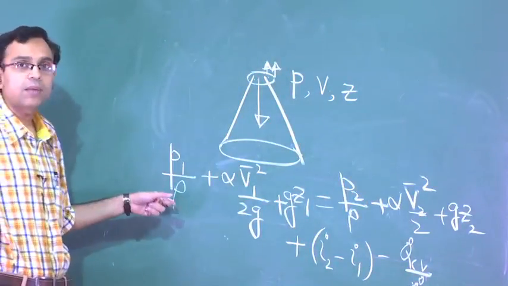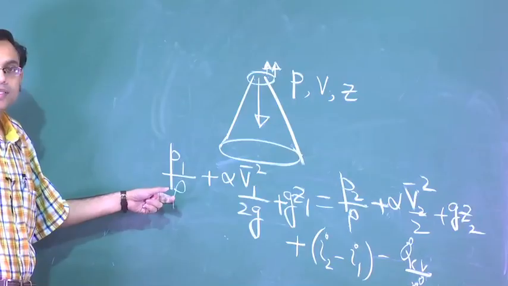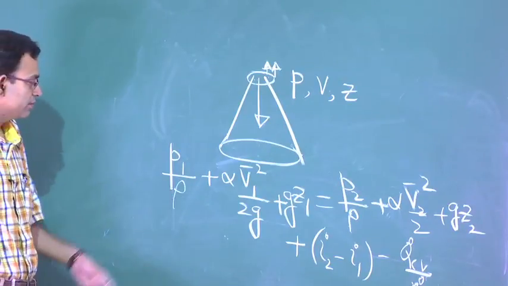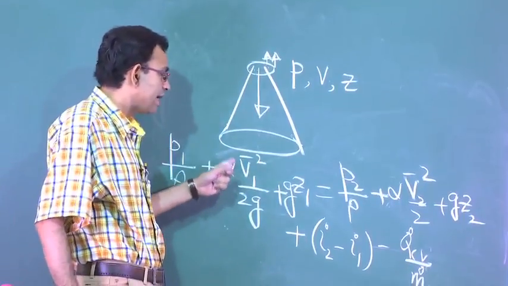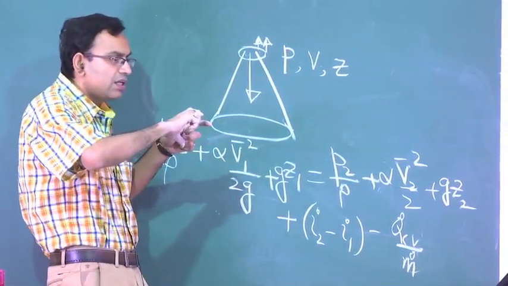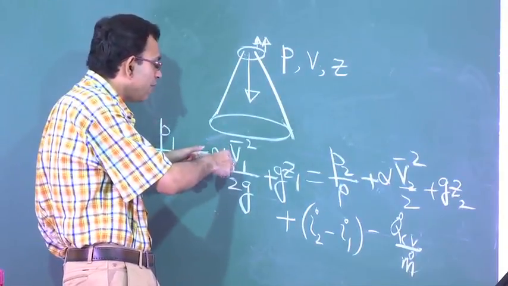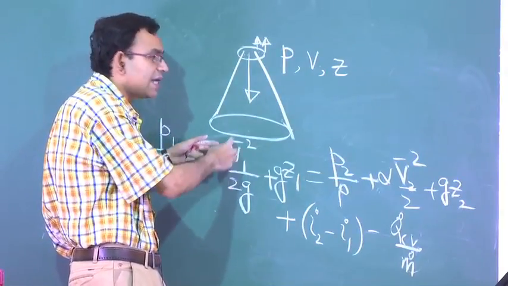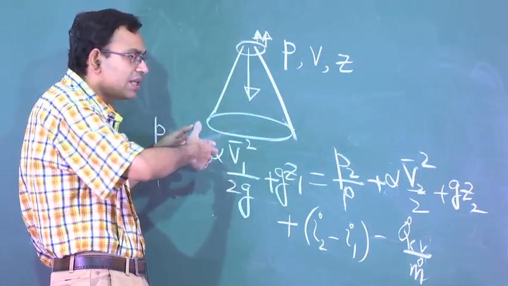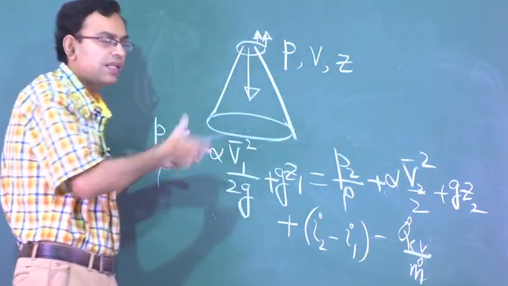This looks like Bernoulli's equation, but this is actually a mechanical energy conservation equation. This alpha is called the kinetic energy correction factor, with an understanding that the average velocity does not represent the kinetic energy. The kinetic energy is based on the variable velocity, but not the average velocity.